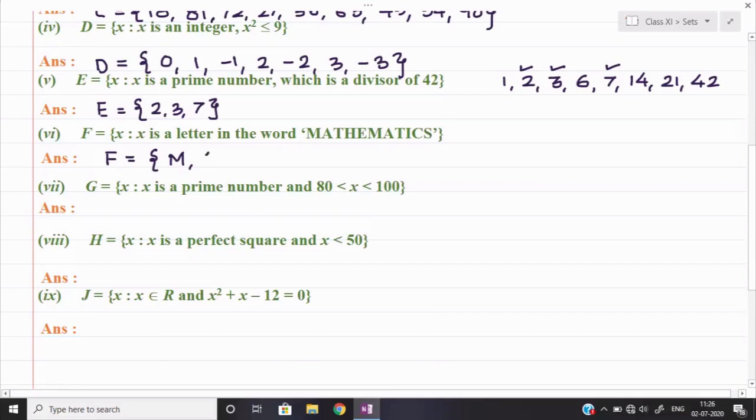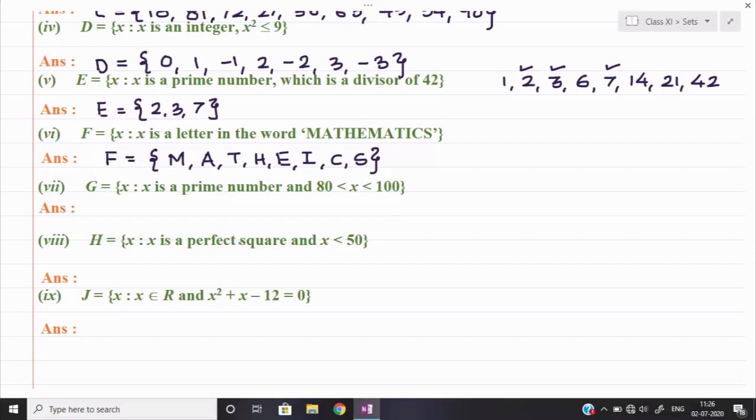Then similarly, the second letter is A, the third letter is T, then H, then E, then M again, which is already mentioned, A already mentioned, then the remaining are I, C, and S. So this is your answer. From any word you can write down the letters included in the word, but don't repeat any letter. So this is the answer for part number 6.